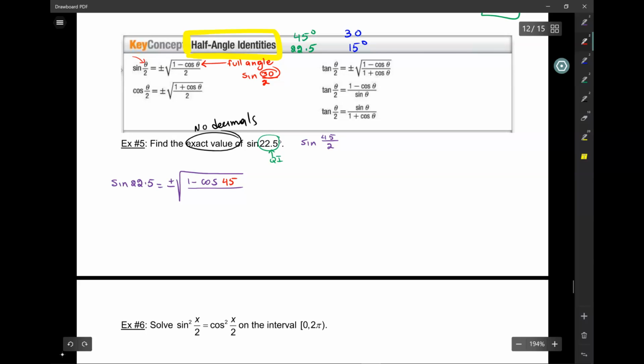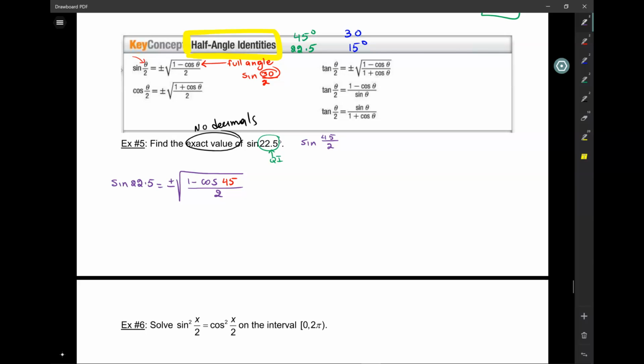That's where it comes in, right? If you put 22.5 in here, you're still out of luck because you still don't know how to do cosine of 22.5. But if you put cosine of 45, then you can work with it. All over 2.